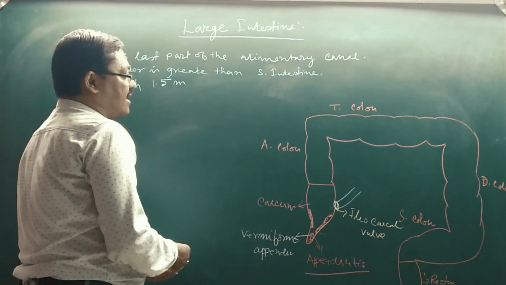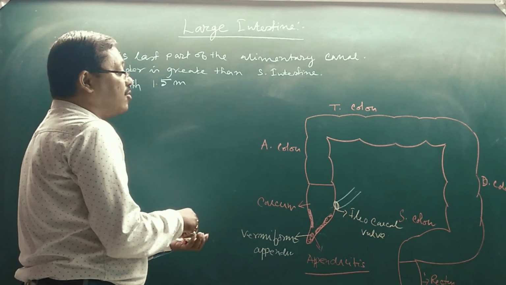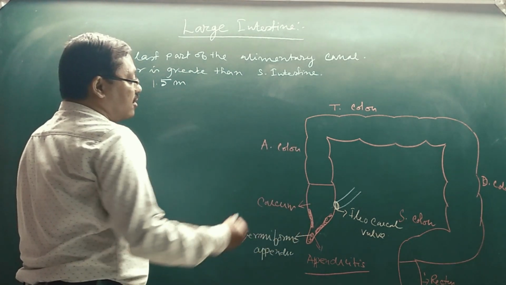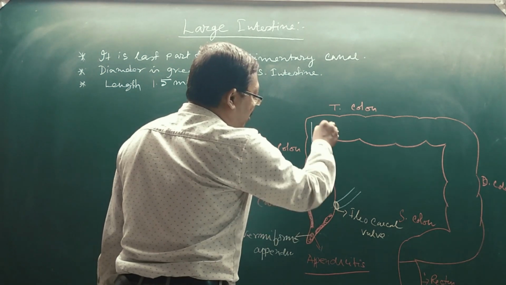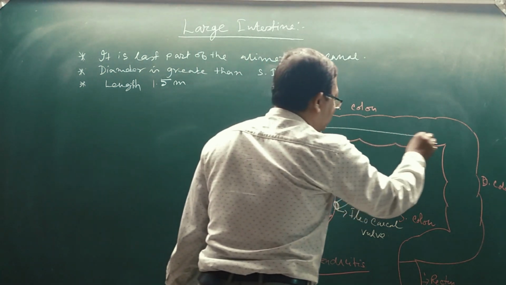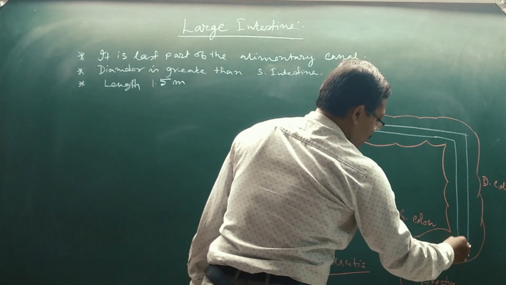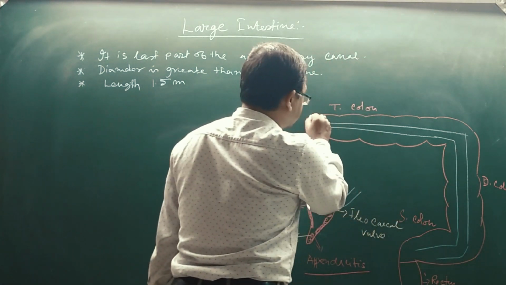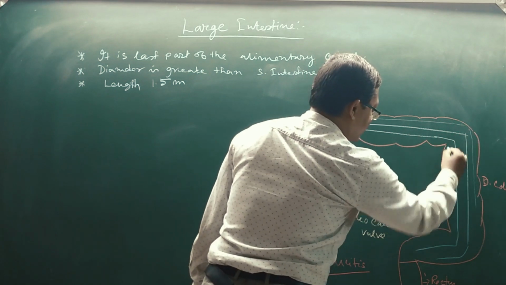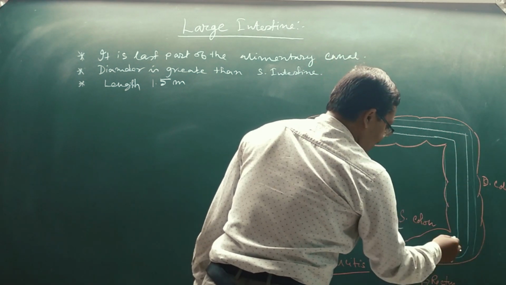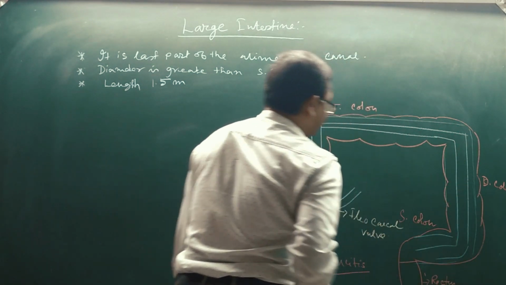The other special type of structure is found throughout the colon. Three bands of longitudinal muscles are observed here. Generally three bands are present in the colon.